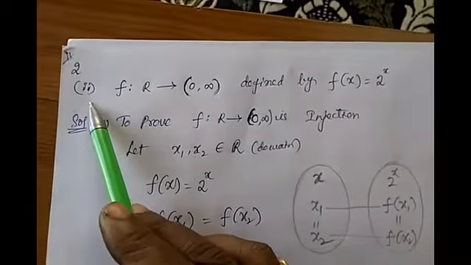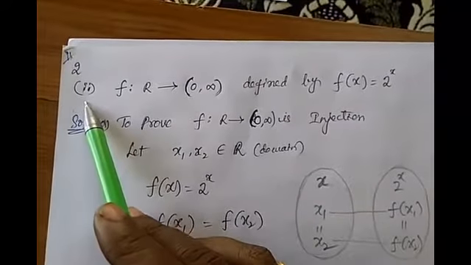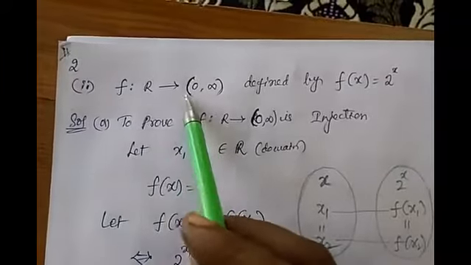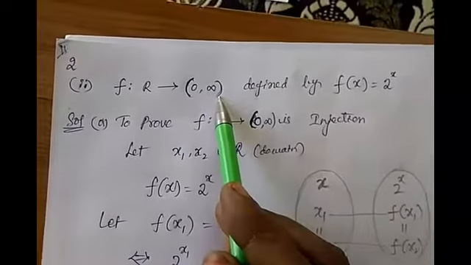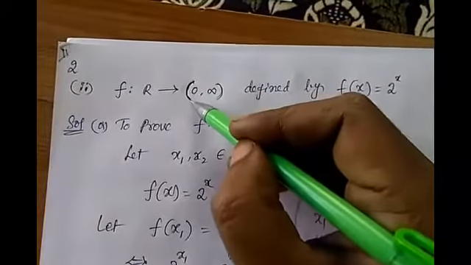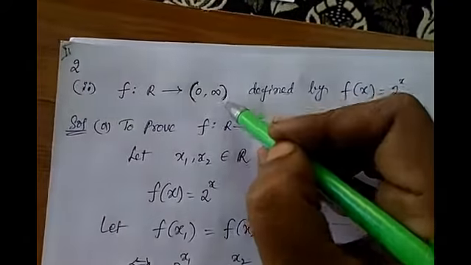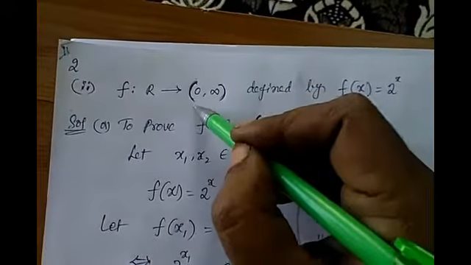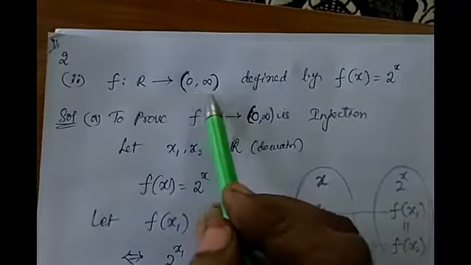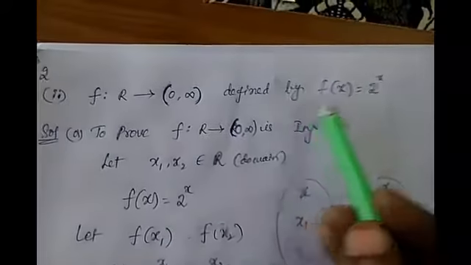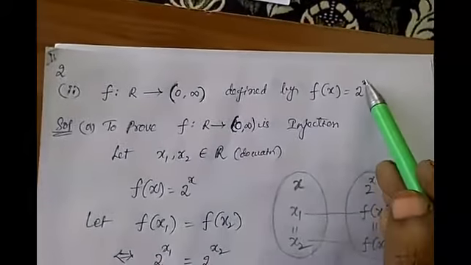Second problem, the second one. f from R to the open interval 0 comma infinity, if you put this type of brackets, this type of parenthesis, we call it an open interval. Open interval 0 comma infinity, defined by f of x is equal to 2 power x.